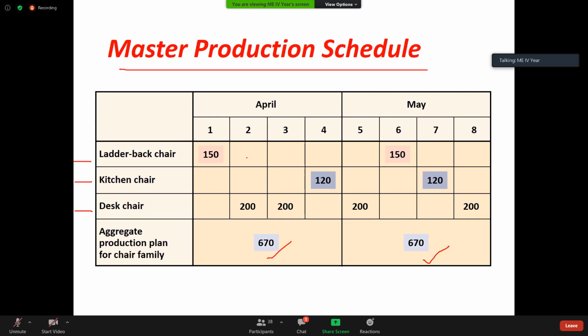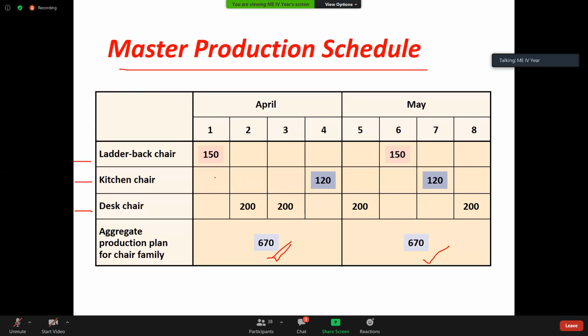The intention of this, the MPS, is that you have to use quantity efficiently, and use your labor very effectively, and achieve the quantity without giving a burden to labor, and without stopping your factory by taking more inventory and keeping it somewhere.